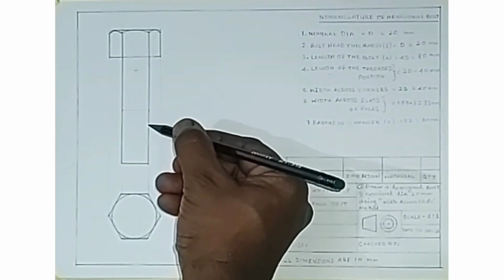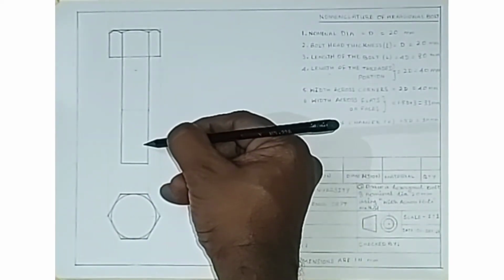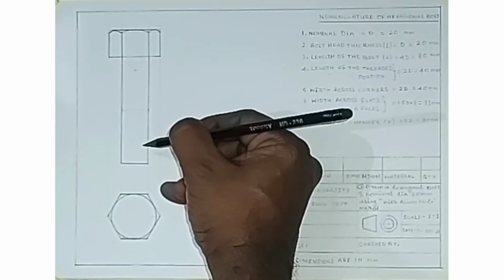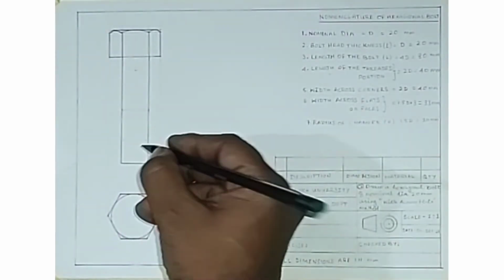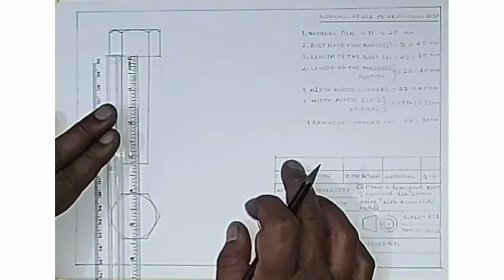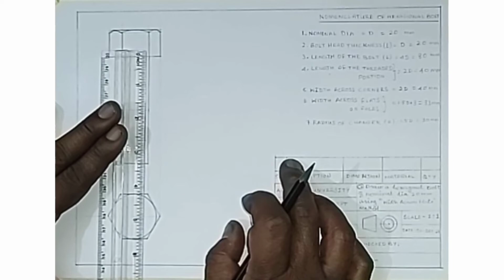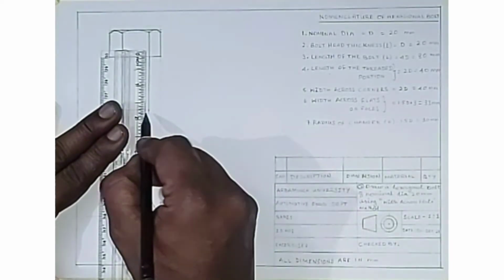There's no need for the thread to be exactly as per the dimension, just a representation. So you can take 1 to 2 mm, at a convenient dimension. Mark a point here. Then connect from here, from the bottom edge till here.